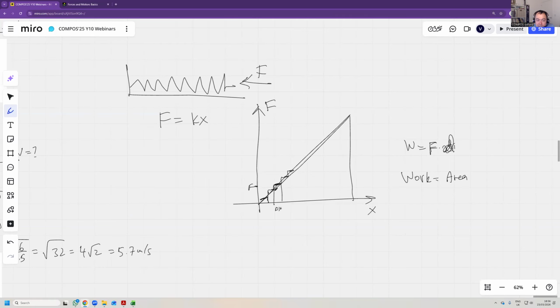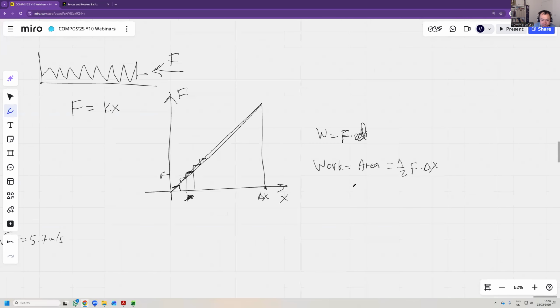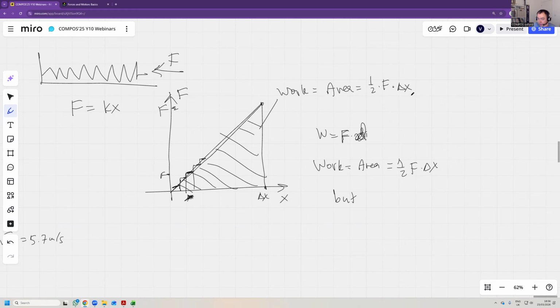But the force keeps increasing, and that's equal to 1/2 force times delta x. Delta x is the extension. So the work is the area of this triangle. Work is area, which is 1/2 times F, the final force, times delta x, the total extension.